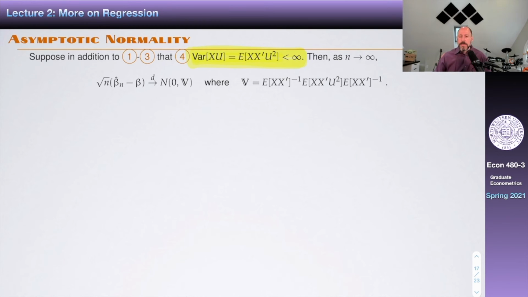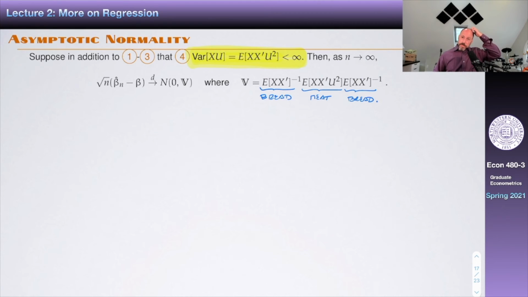And this is called a sandwich formula. We have here the bread, then you have the meat, and you have the bread again. And that's the sandwich.